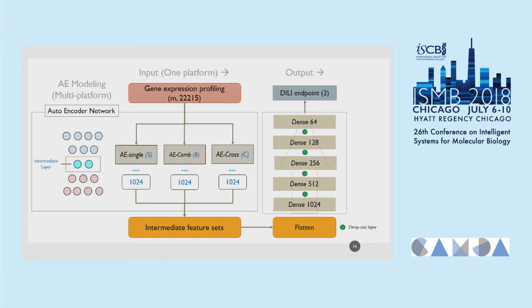After we get the intermediate feature set, we simply flatten them into 3,000 features and go through another deep neural net. This is a multilayer perceptron, and for regularization purposes, I add some dropout layers between each two densely connected layers, and the output layer, or the endpoint, is the DILI label in this challenge.